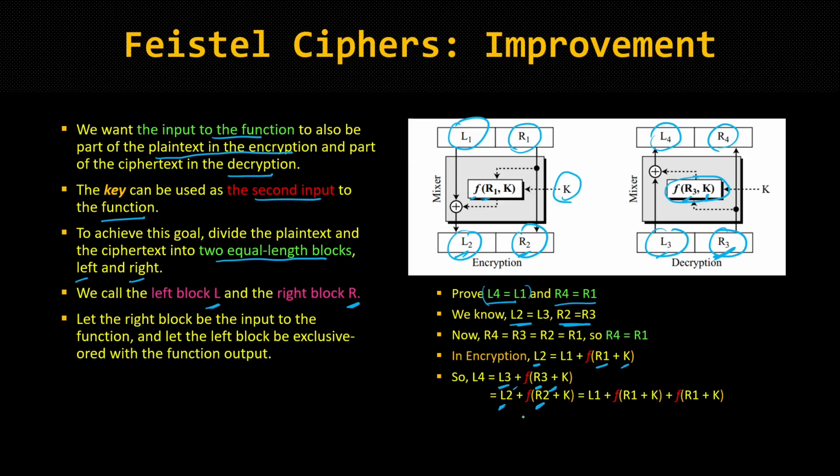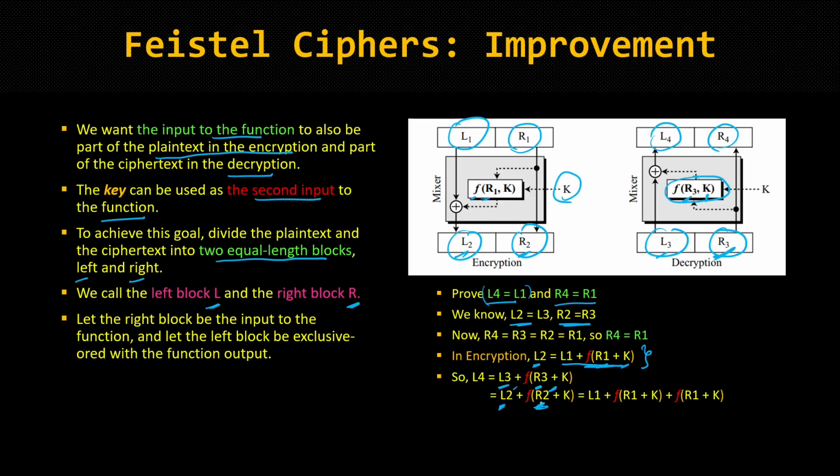Now you can see here in our encryption process, we got that L2 is equal to L1 XOR F of R1 and K. So we can write this one instead of this one, and we have done exactly that. We have written L1 plus the non-invertible component, plus this remaining thing.